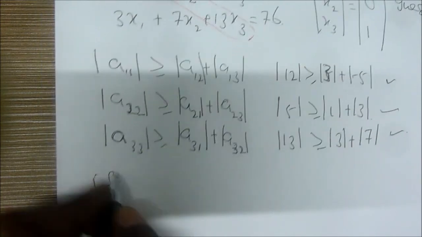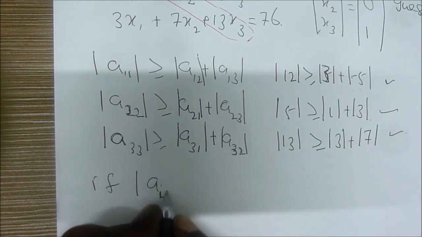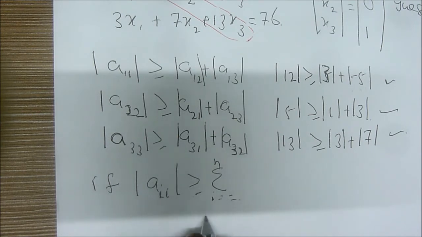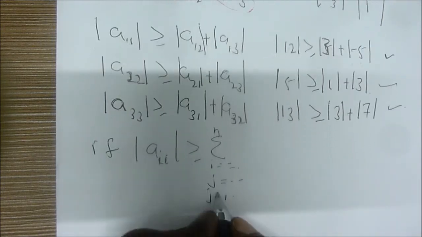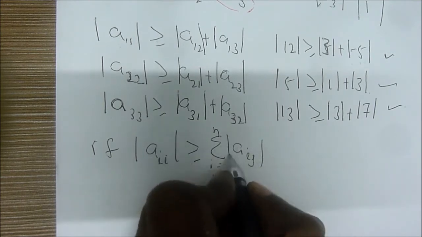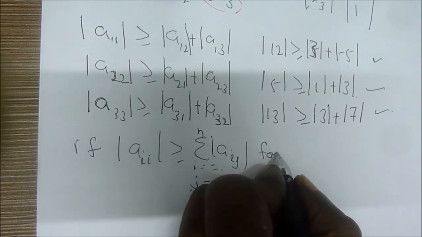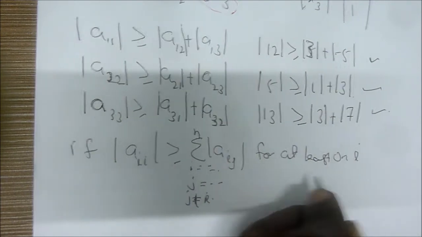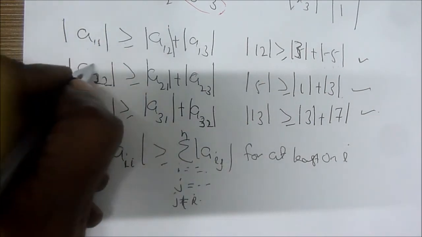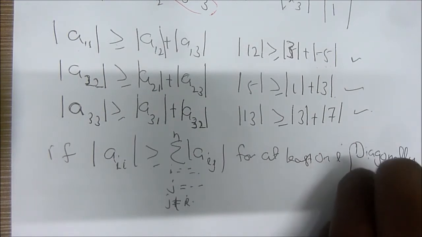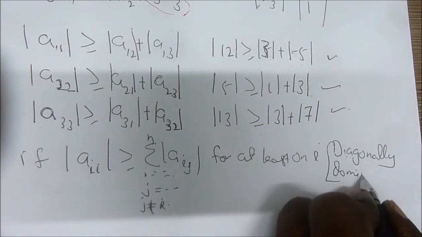What I wanted to say is, when you take a_ij, with j not equal to i, and you add up, at least for one i, it must be diagonally dominant.